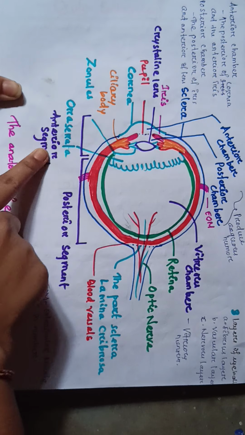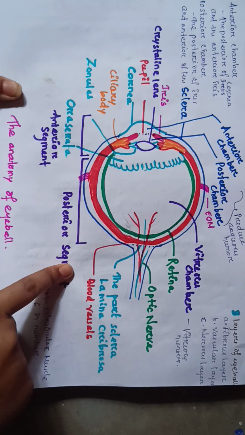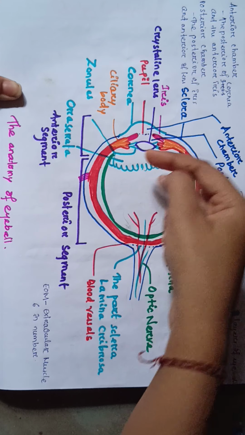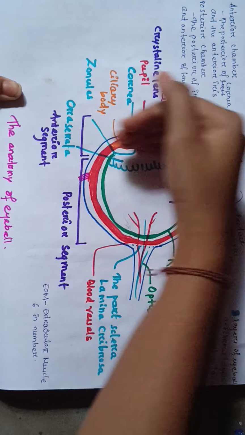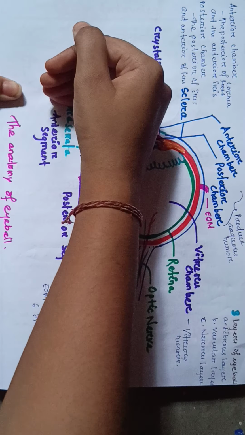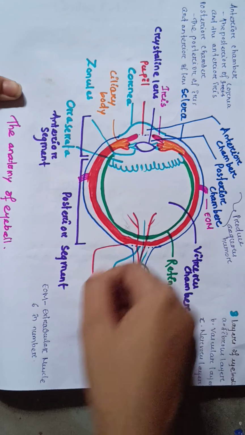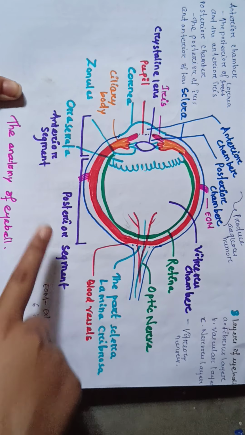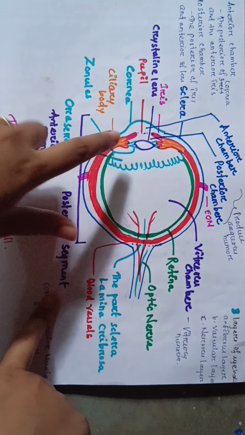So then we have 2 segments of the eyeball, as we discussed before. One is the anterior segment and one is the posterior segment. In front of the crystalline lens, all the parts of the eyeball are in the anterior segment, and behind the crystalline lens, all the rest of the parts up to the optic nerve are the posterior segment. In the anterior segment there will be 2 chambers.